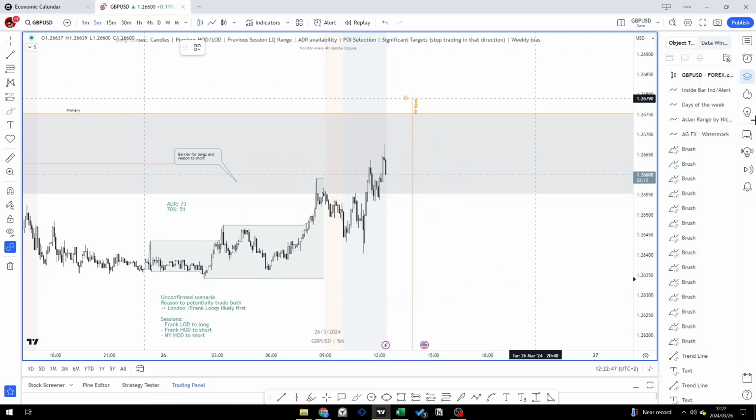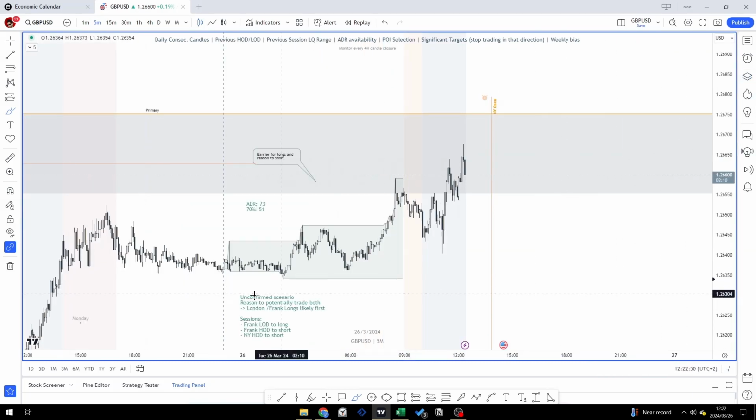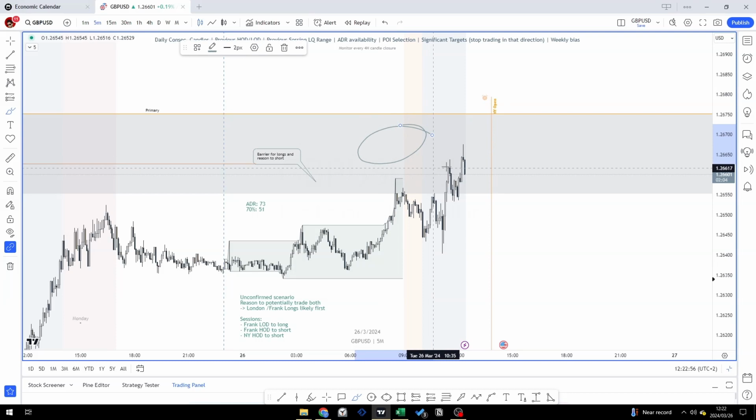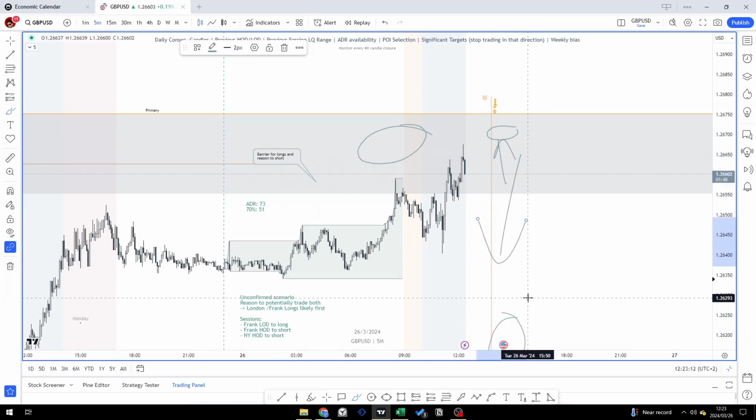I think, just to summarize, so I can jog your memory, we're in an unconfirmed scenario. We have reason to trade both directions. However, there's more reason to trade short than long given where we are. And in addition to that, the approach is waiting for a New York high of the day, and then validating that New York high of the day with New York news is your best approach for actually trading to the downside.